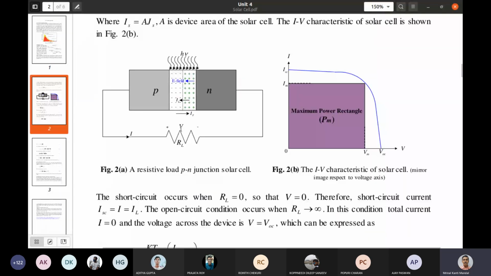Here you see in this region the electric field is present and it is illuminated by light of energy h nu. Then electron hole pair creation takes place, and this electric field separates them. The electron comes towards this n side and the hole goes towards the p side, so holes are gathered in the p side and electrons in the n side. Then if you connect them by some wire, what will happen?